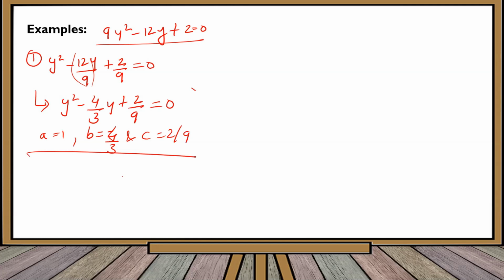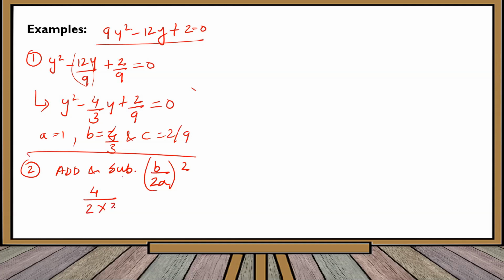Second step is to add b by 2a whole square, add and subtract basically. So add and subtract b upon 2a whole square. Now we have already divided by a, so what do we need to add and subtract?